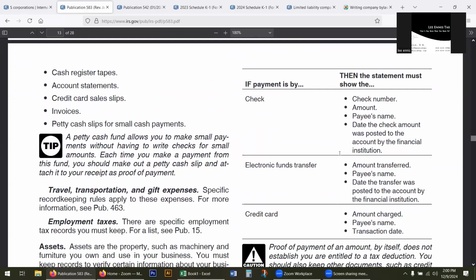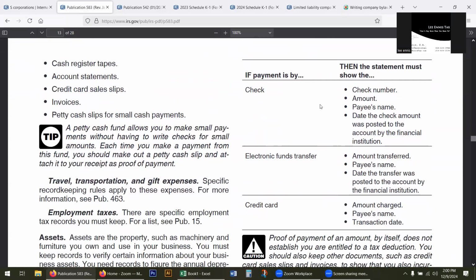Now, what I wanted to get to, which is really important, is if you are making payments by check, the IRS specifically states what the record needs to look like. Okay, so if you are paying something by check, then you have to have a check number, you have to have an amount, you have to have the payee's name, you have to have the date the check amount was posted to the account.